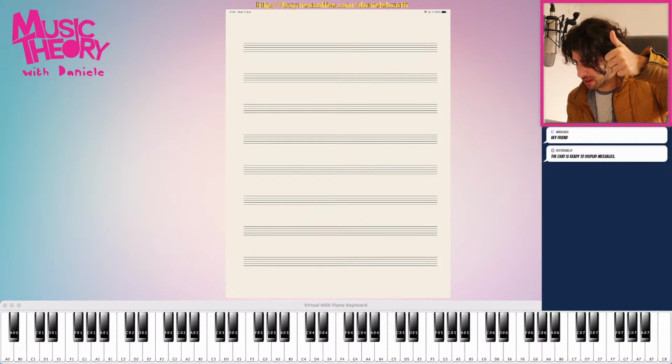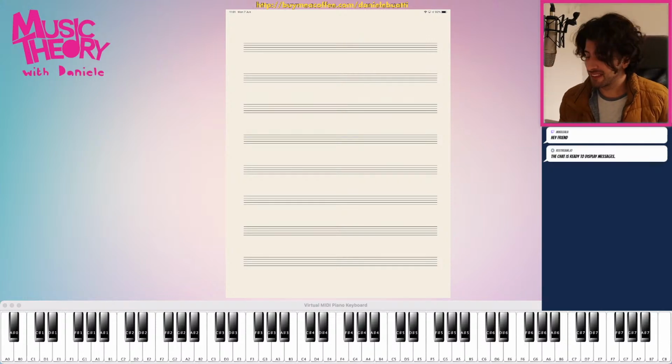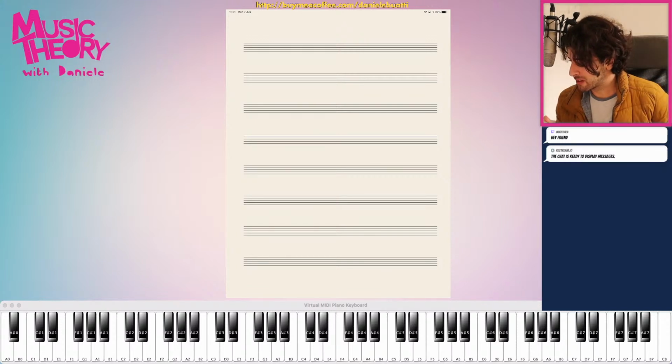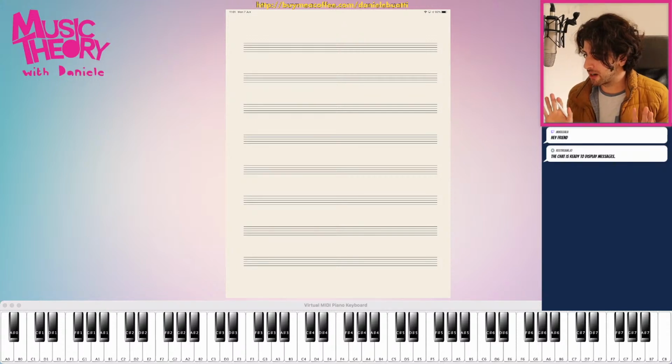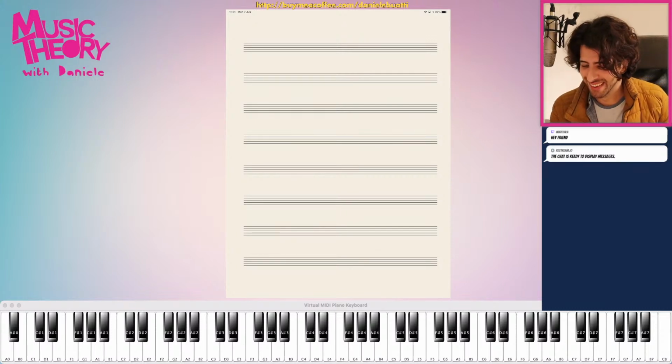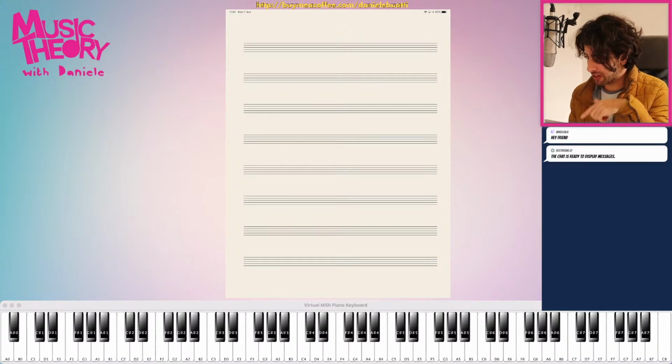Everyone happy with that? B to C. So it's definitely not B to C sharp. That's two semitones. We're not prejudiced, right? Just direct neighbor. Good. So, E sharp to an F.